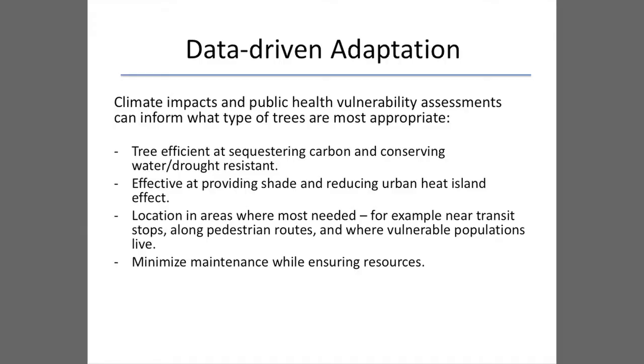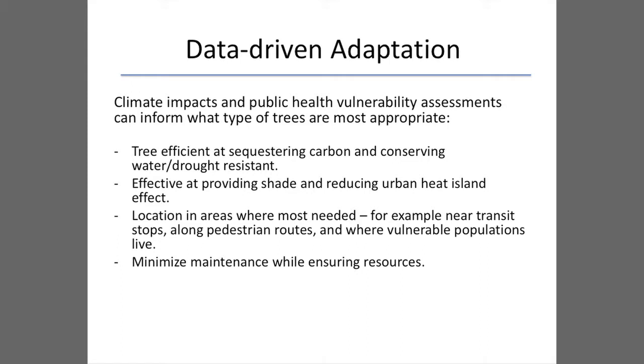We can then take information that we presented earlier in the presentation on what areas are most impacted, where are the most disadvantaged communities that may have the least ability to adapt, and focus adaptation measures in those areas and at a local level. So when we're talking about neighborhood design issues, focusing, for example, on transit stops, other areas where people congregate, and where vulnerable populations live at the street level, local level.